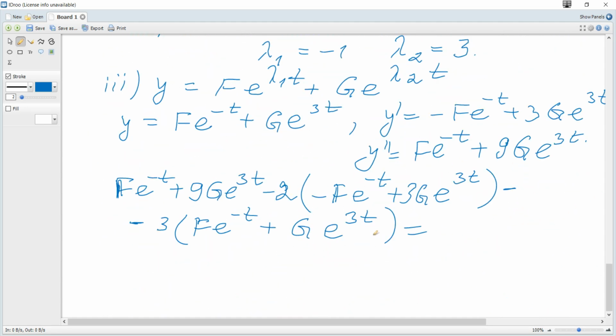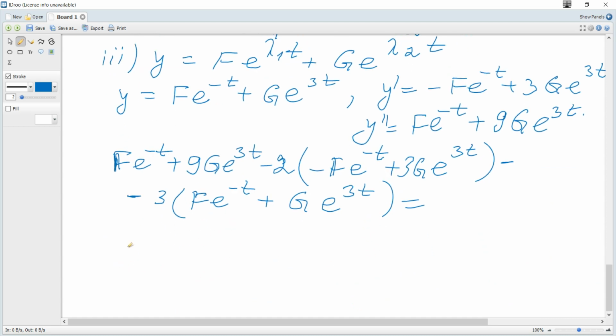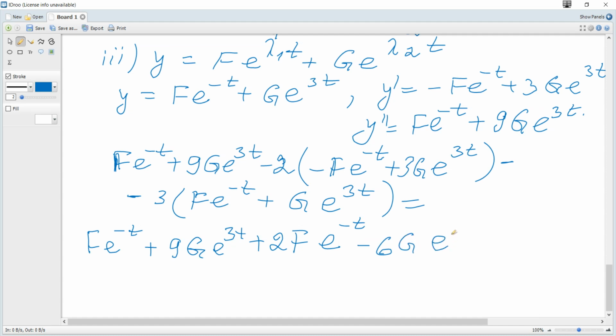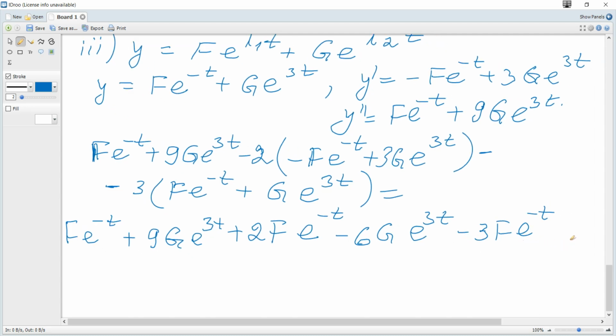So let's just simplify and add like terms, so it becomes f e to the power of negative t plus 9g e to the power of 3t plus 2f e to negative t minus 6g e to 3t minus 3f e to negative t and minus 3g e to 3t.